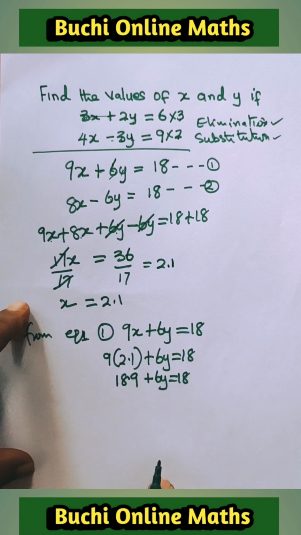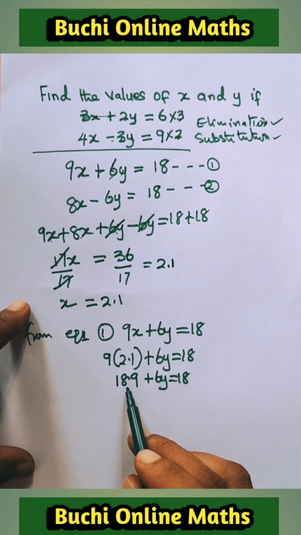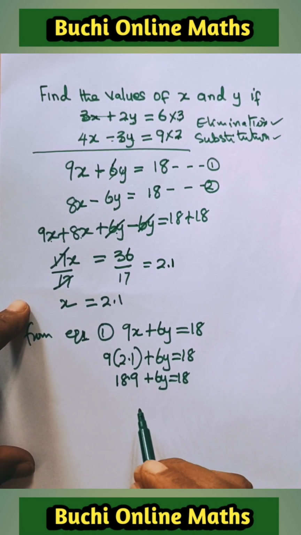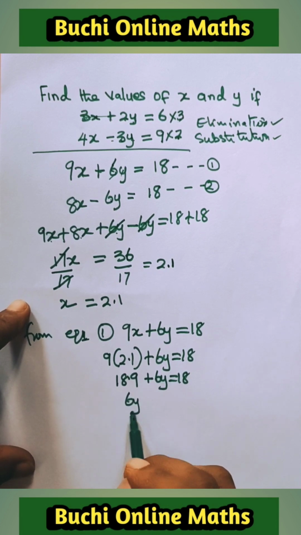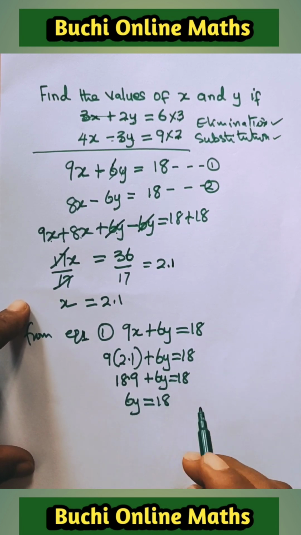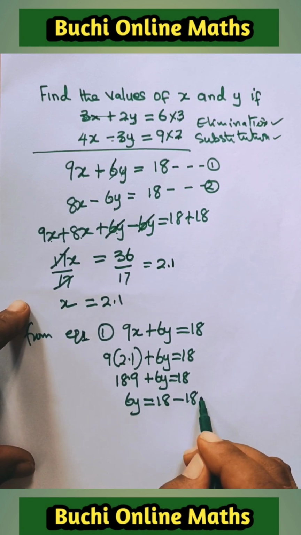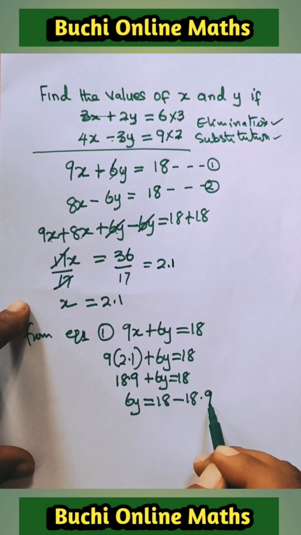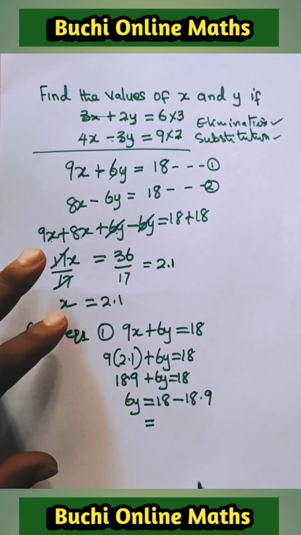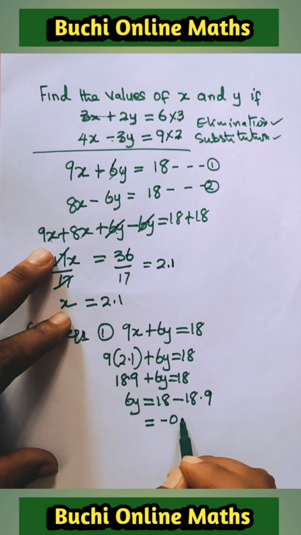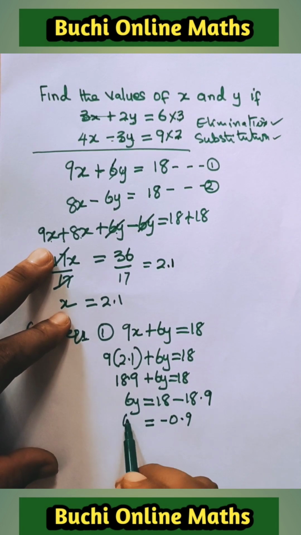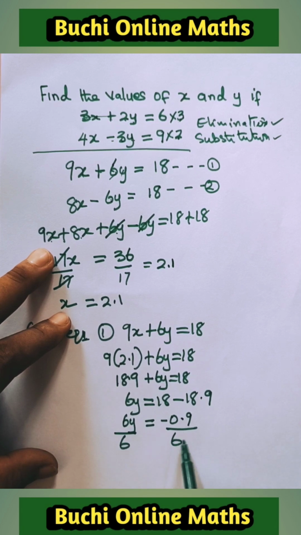And you want to collect like terms, move 18.9 to this side. It will give you 6y equals 18 minus 18.9. It will give you minus 0.9. Therefore, to get the value of y, divide both sides by 6.